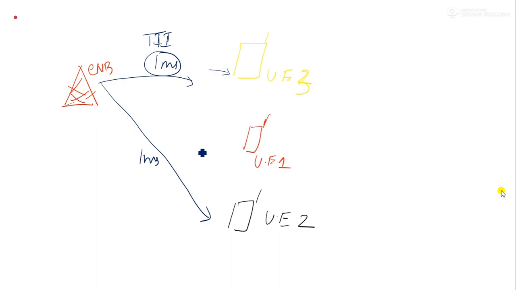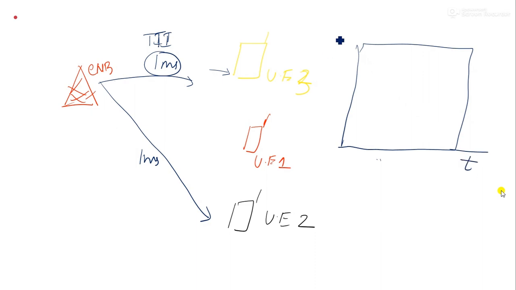Now, you might think, how is it possible that at the same time we are allocating resources to UE1 also and UE2 also? This means, in time domain, because whenever we are discussing LTE, there is time as well as frequency. So in time domain, these two users are same.